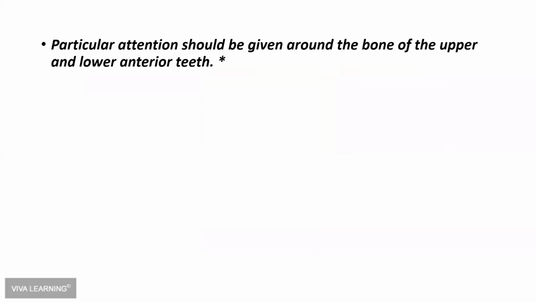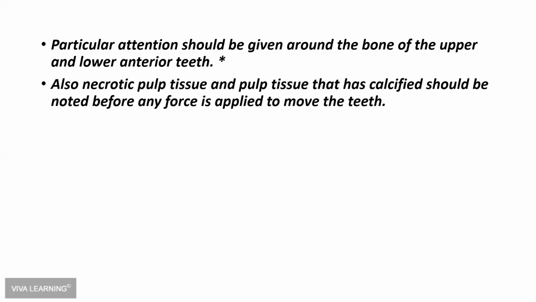patients. So when you have a sickle cell patient, you do want to pay particular attention around the bone of the upper and lower anteriors, especially when you're going to be doing ortho. You also want to always look for a necrotic pulp tissue or any pulp that's calcified.